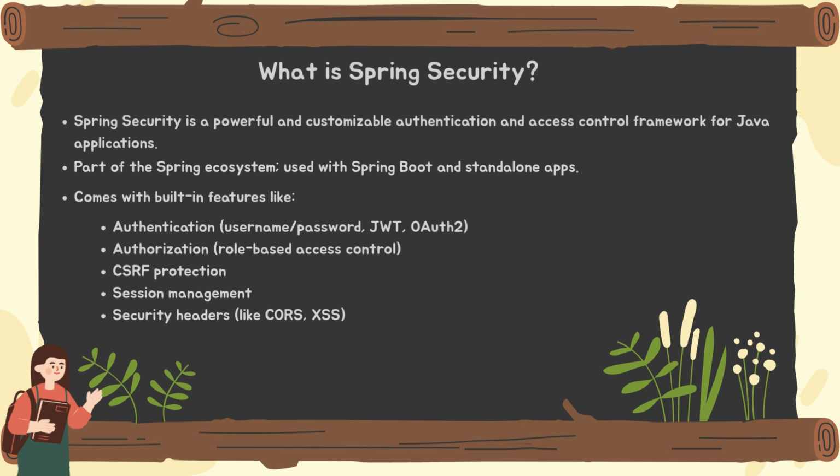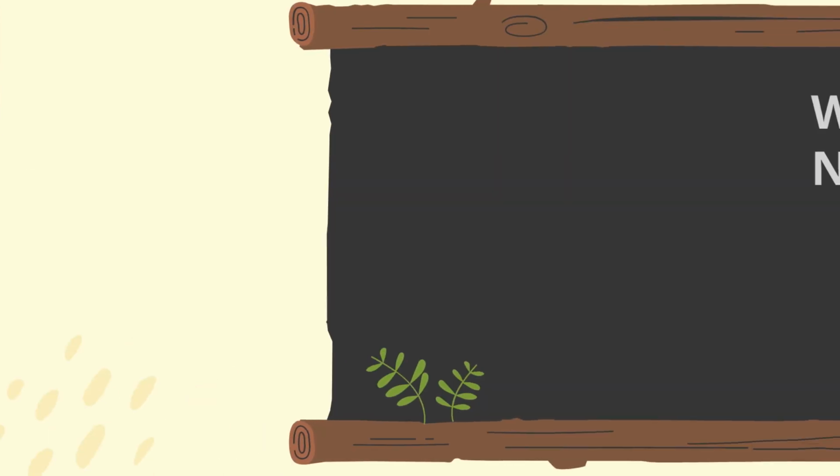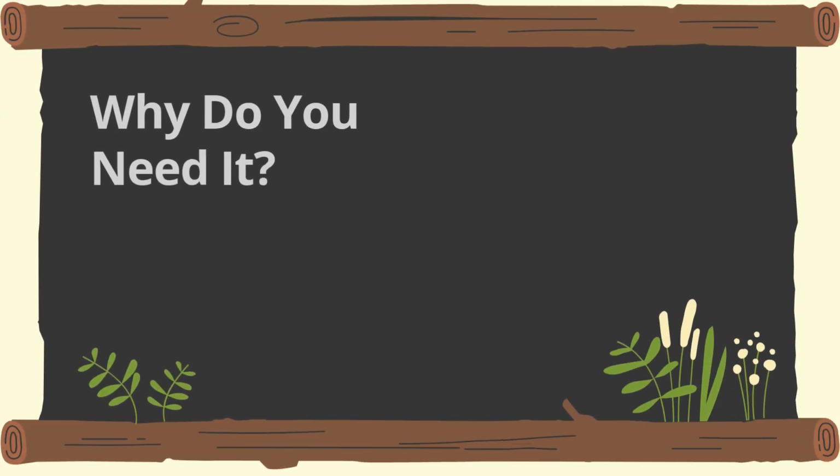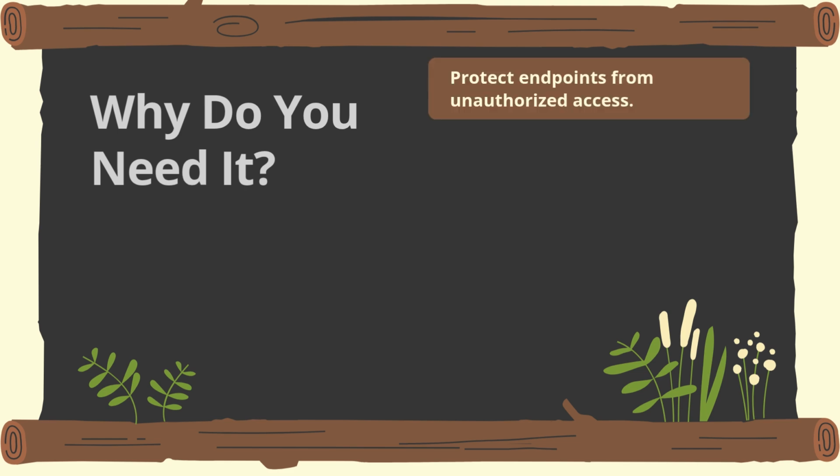I will cover all those things in detail. As of now, just have a high-level look at what we are going to cover: authentication, authorization and all. Spring Security is a very powerful framework which can be used with Spring Boot and provides a lot of inbuilt security. So why do we need Spring Security in the first place?